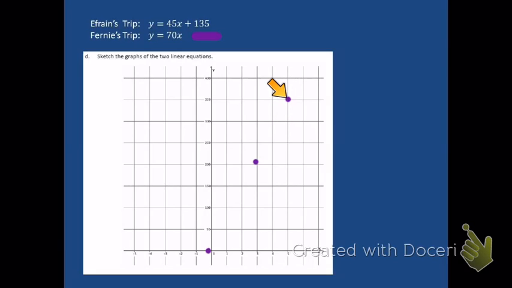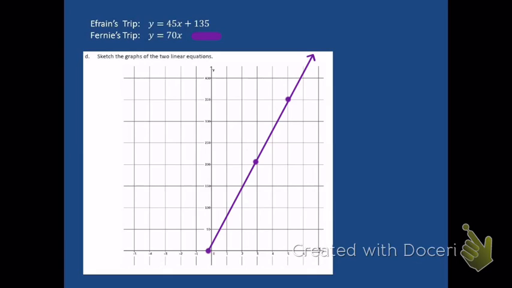So he's gone 350. We can draw a line between those points, and that shows Fernie's constant speed of 70 miles per hour. You can actually see his constant speed right here: 1 hour should be crossing at about 70 miles, so roughly halfway between the 50 and the 100. This is a pretty roughly drawn graph.